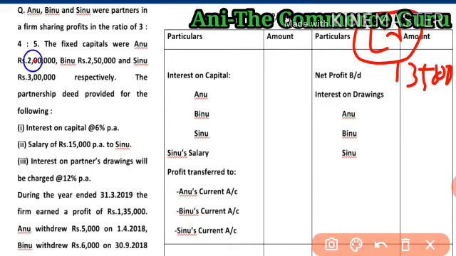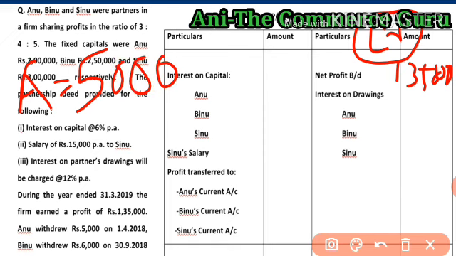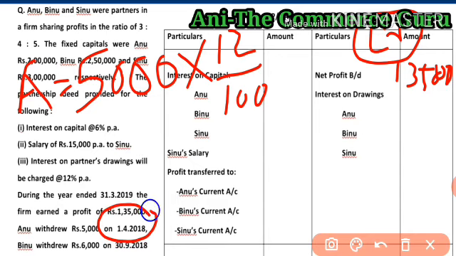Interest on drawing, first we have to see the amount of drawing. First of all, Anu's amount of drawing is 5,000. 5,000 is the amount withdrawn by Anu for her personal use, and the rate of interest is 12%, and the date of drawing is 1st April 2018.